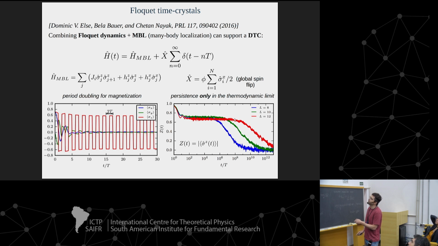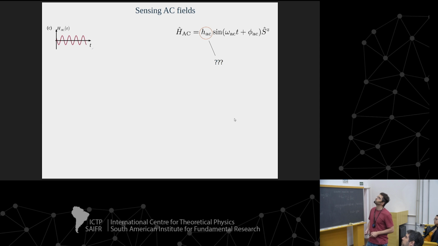But you see that the lifetime of this plateau increases exponentially with the number of particles in your chain. And then we expect that in the thermodynamic limit, this thing is just stable, it's just going to persist forever. That's why we have the formation of the time crystal in my system.